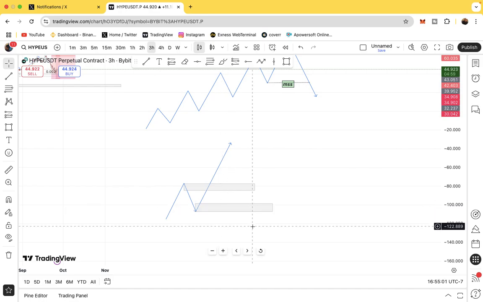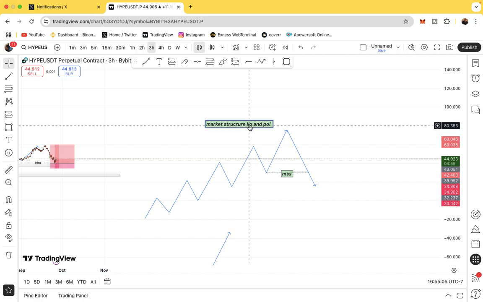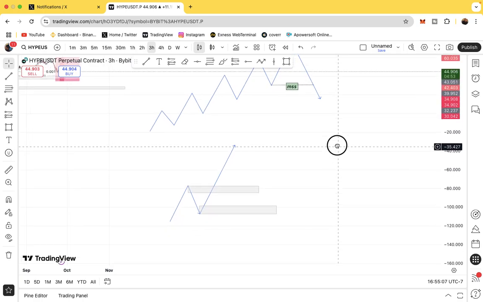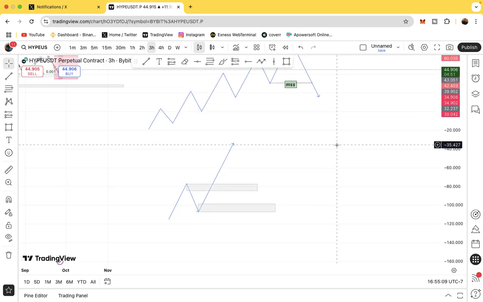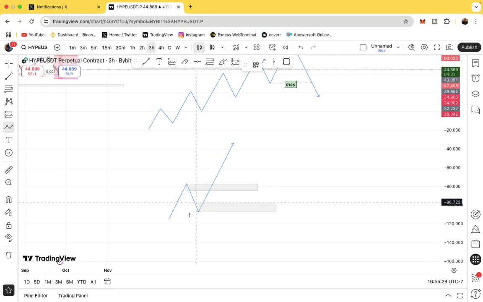Now, you wait for inducement liquidity, which is the liquidity we have here. You wait for inducement liquidity here to pick the valid point of interest which you want to use, because you want to have a precise zone in which you are taking your trade from, so that you'll be able to have a good risk to reward ratio. The next thing you want to wait for is an inducement.